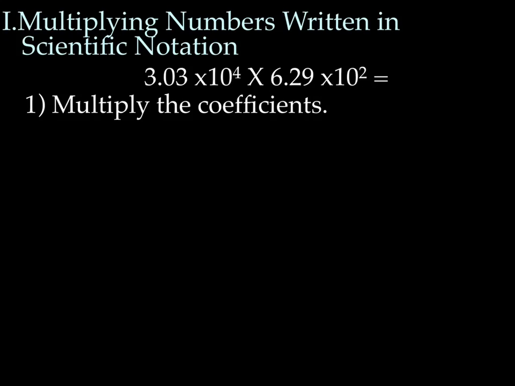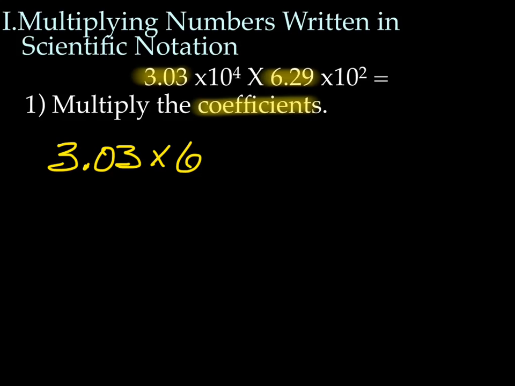So what is a coefficient? A coefficient is just a regular number, not a superscript, subscript, or exponent. It's just a number. So in our problem, 3.03 and 6.29. So we're going to multiply our coefficients, 3.03 times 6.29. If you could put that in your calculator along with me so we can make sure we all agree on the answer.